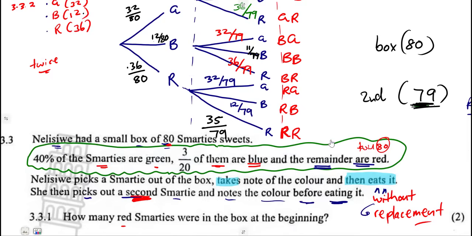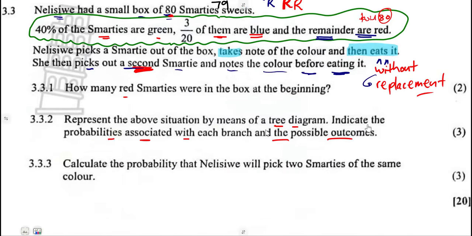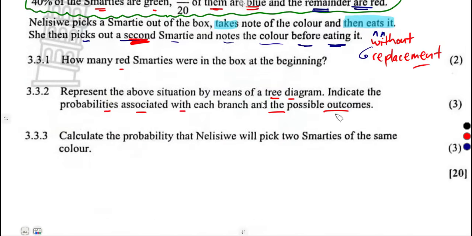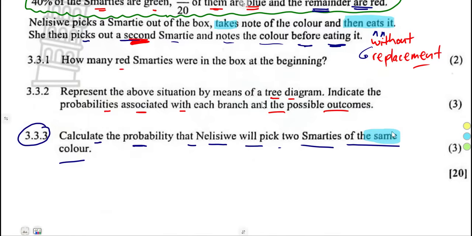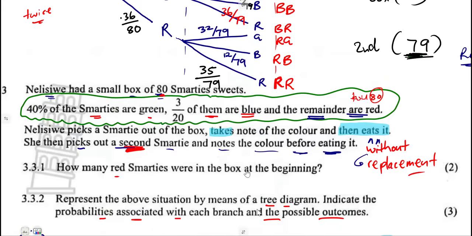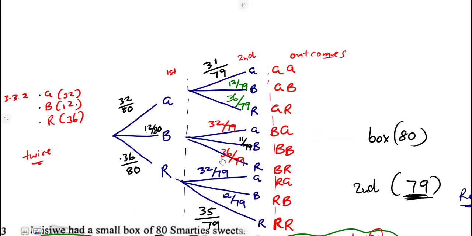All right, let's see. Okay, here it was just the Venn diagrams. Then 3.33, which is now: calculate the probability that Nelisiwe will pick two Smarties of the same color. There are two that are being picked, and they are of the same color. Which colors are we talking about? Green, blue, red.